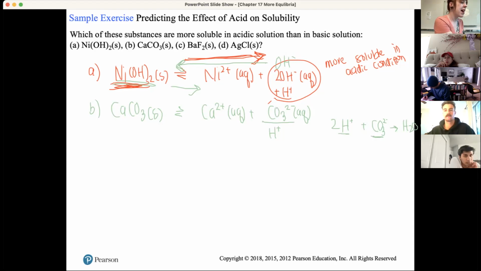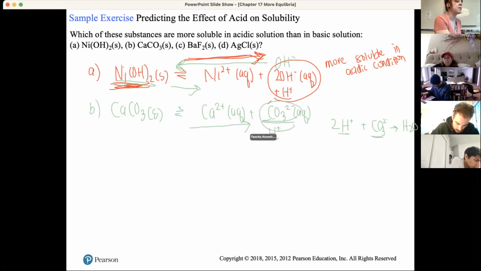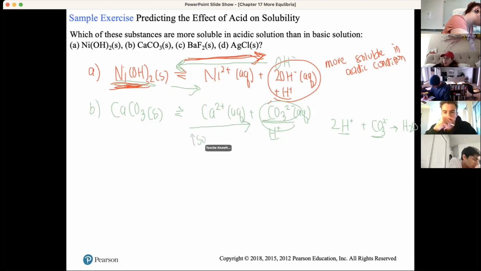So if I have hydrogen, am I removing carbonate? Yes, I am. So I'm removing carbonate if I add acidic conditions. So I'm going to have to make more calcium carbonate dissolve to replace it. So this increases the solubility in acidic.